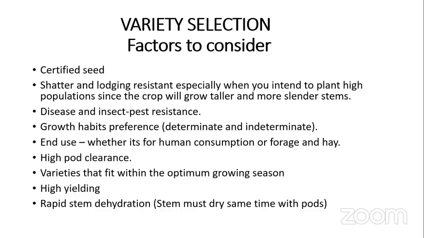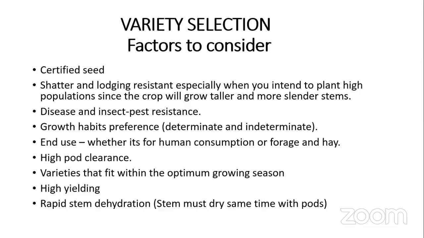If you ask the salespeople or the agronomists at those seed companies, they will give you a lot of information about the attributes of the varieties, and it will help you make an informed decision on which variety to go for in relation to disease and insect pest resistance.